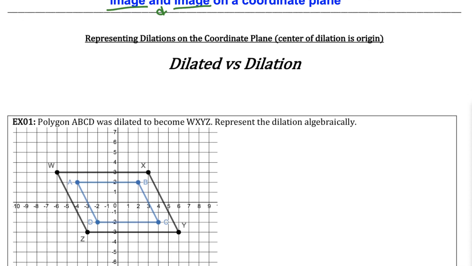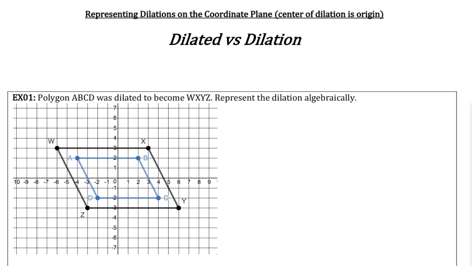Before we get started, it's important that we talk about some of these words. The word dilated will usually refer to your pre-image, or your original shape, or maybe your old shape.